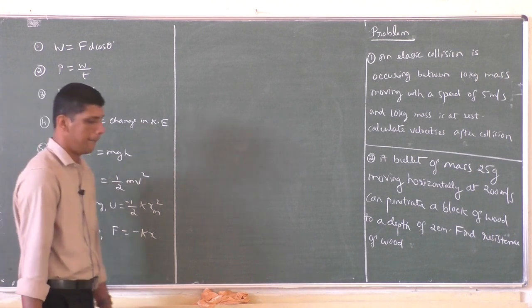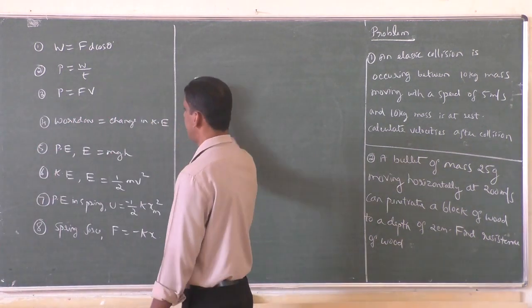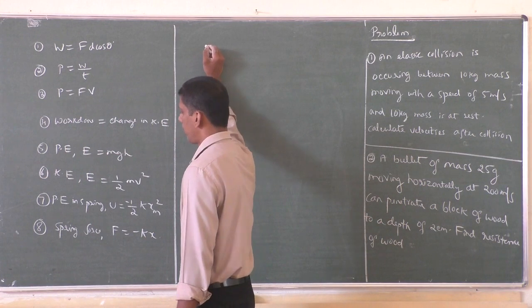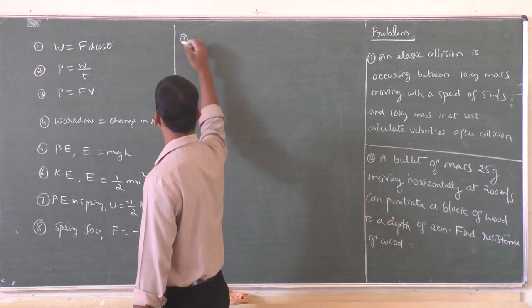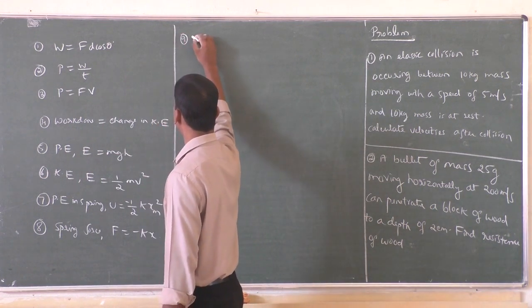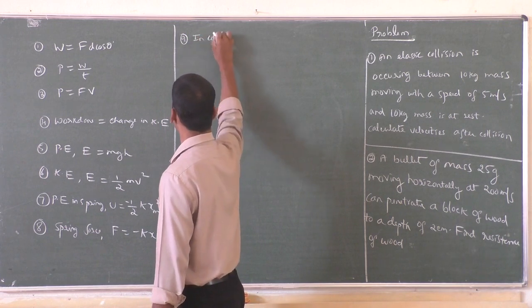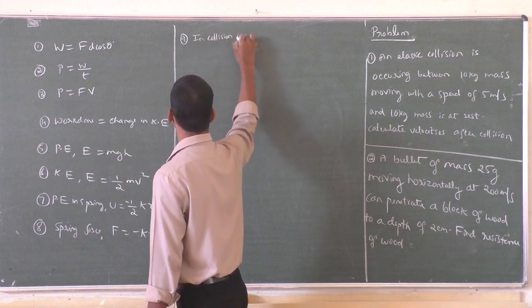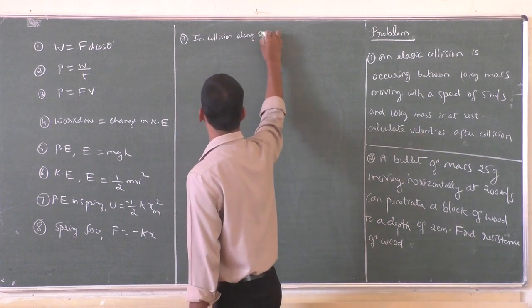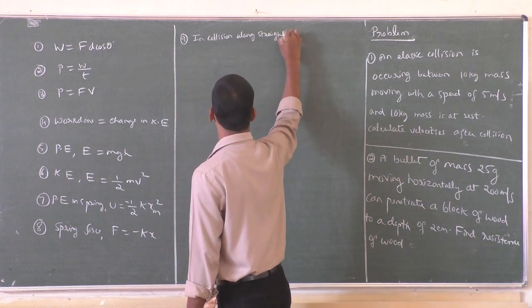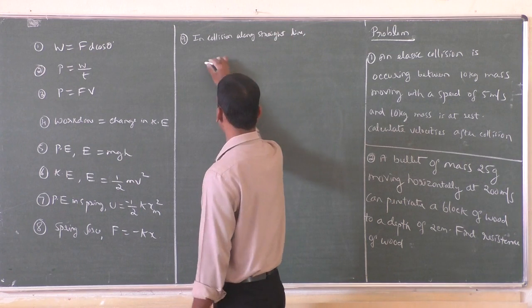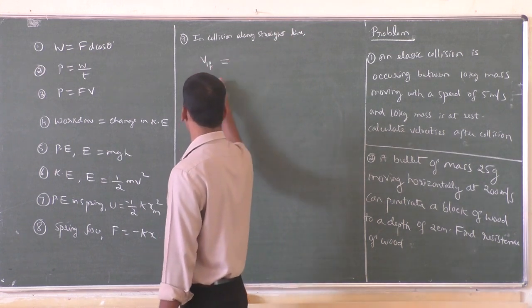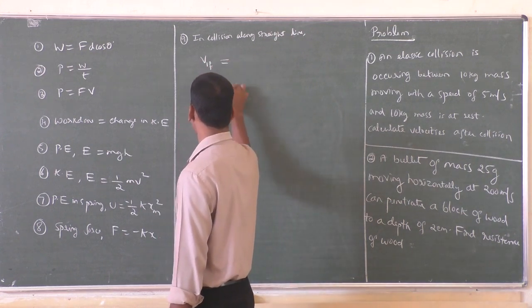Now next one. Which formula do we have next? Ninth one, in case of collision along a straight line, we have obtained two formulas: one for V1F and another for V2F.